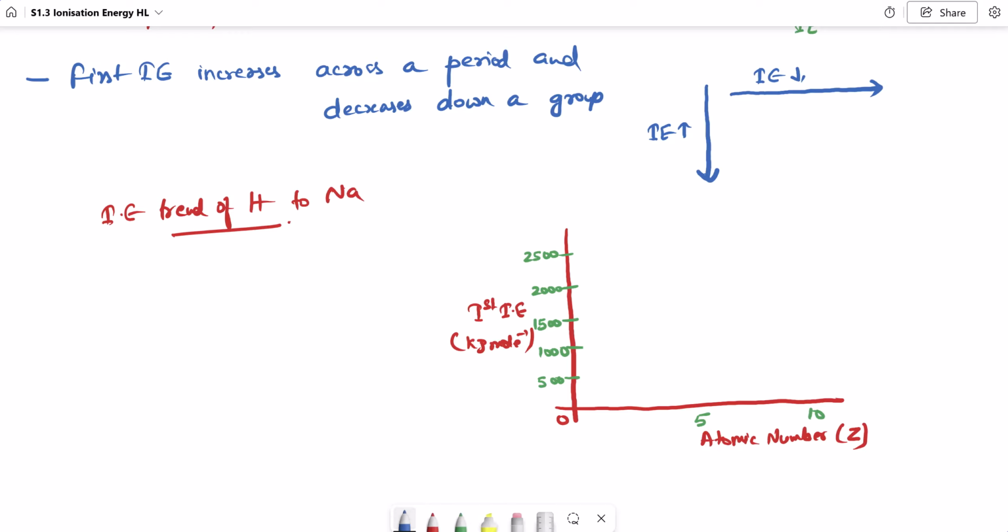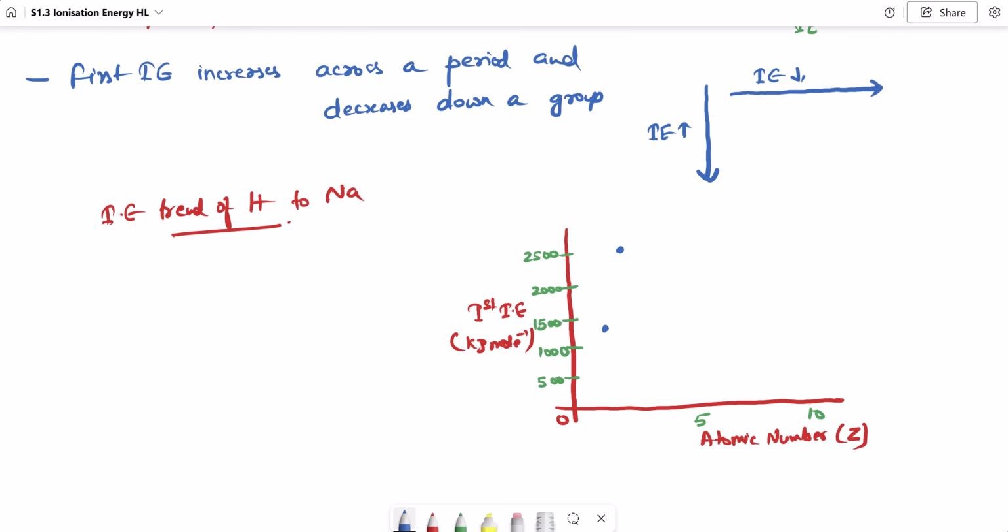You will find the trend is something like this. Hydrogen, we have seen, is nearby in between 1000 and 1500, so we'll put one dot here. Helium is nearby 2500. Then lithium is down.